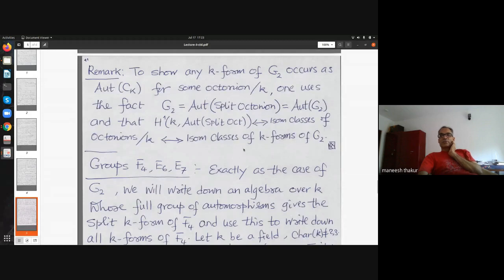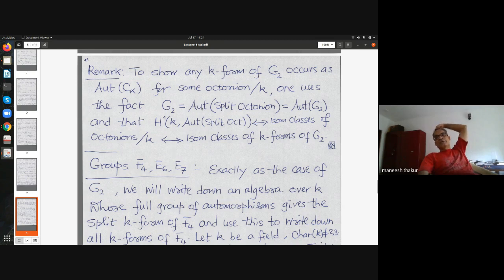So I start with such a group. That kind of group is obtained by twisting the Galois action on the split G2 by a cocycle. And that action can be carried out here, by that isomorphism, to twist the action on the automorphism group of the split octonion, and the fixed points of that action will give us the group here.